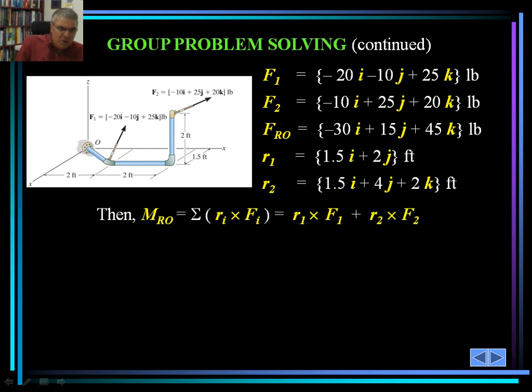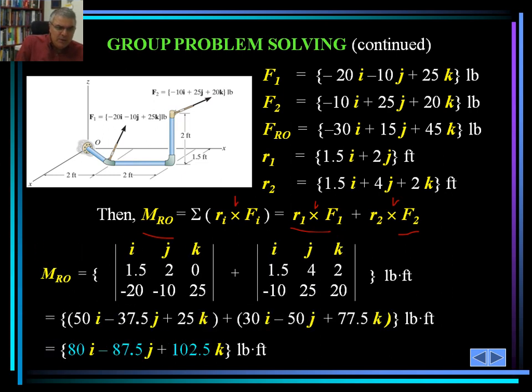So F1, F2, F sub Ro, r1, and r2 could be found as such. Then M sub Ro, the summation of r sub i cross F sub i, will be calculated as r1 cross F1 plus r2 cross F2. These are all cross products, as we've done previously.